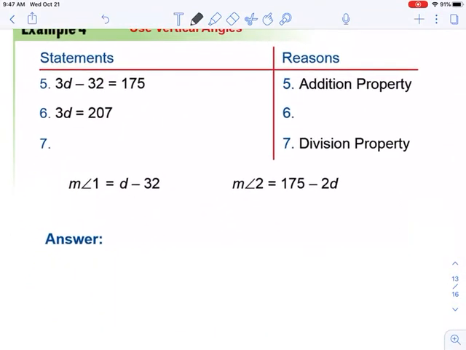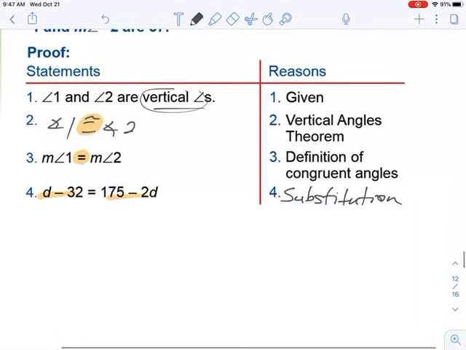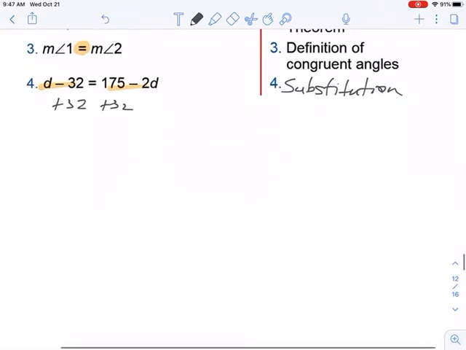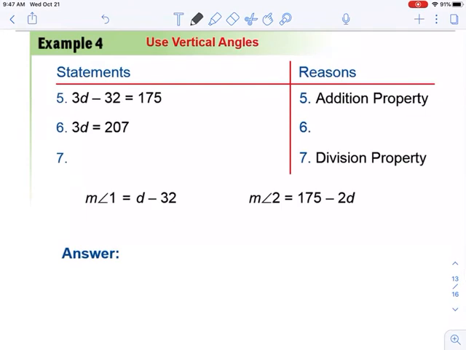Okay, the addition property of equality. They added probably 32 to both sides, right? Probably where we would have started. All right, that's what they did. 3d minus 32. No, they didn't. They did the d. Okay, and now we're going to add the 32 to both sides.